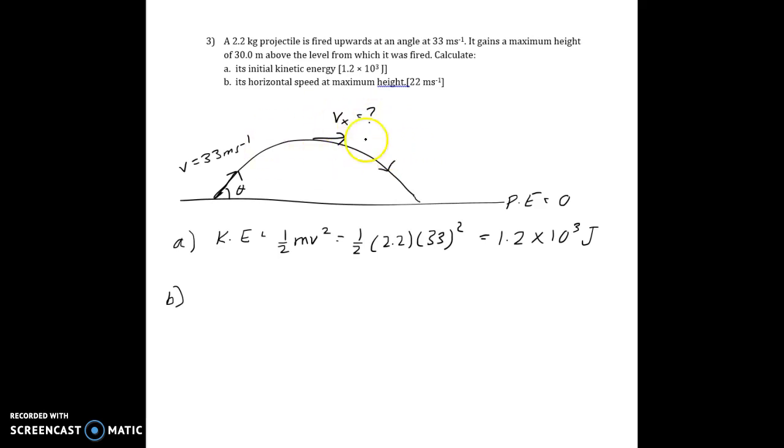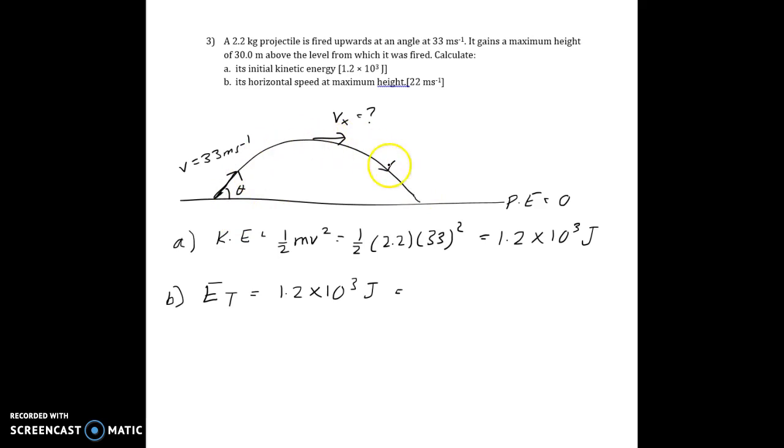So how do we do this? We can use the conservation of mechanical energy. Again, the total energy E, we do know this value. This is the total energy, and it is the same for every point up to where it lands.